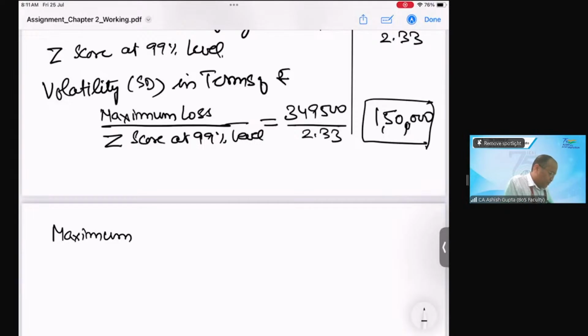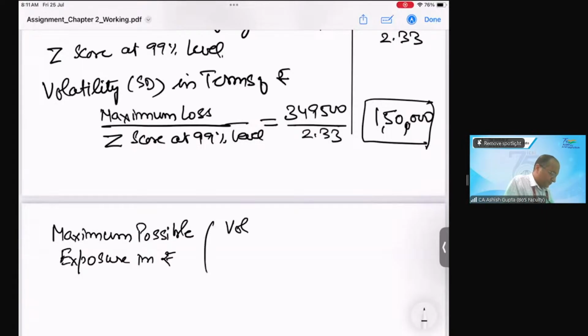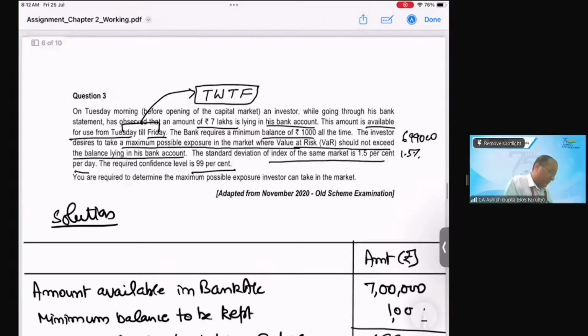Now what I do? Maximum possible exposure in rupees: I take the volatility in rupees divided by the standard deviation, and my standard deviation value has been given to me.